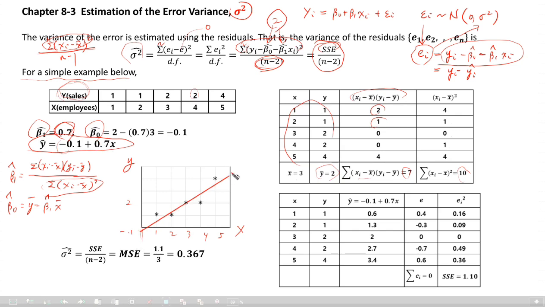All right. Then what is the residual? Yi minus yi hat. So yi hat means the value on the line here. So for x equal to 1, this value is going to be what? 0.6, right? Next is yi hat.